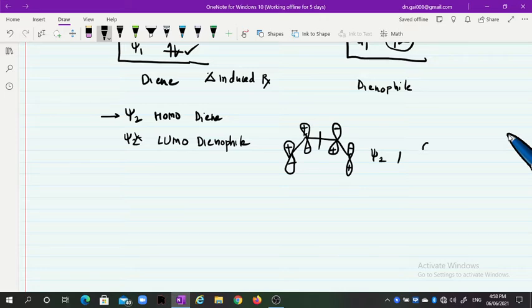Its symmetry is C2 symmetry, because negative, negative maps to positive, positive. That is the center of symmetry. And the second one is psi2 star for dienophile.